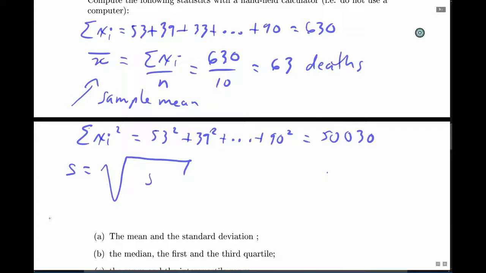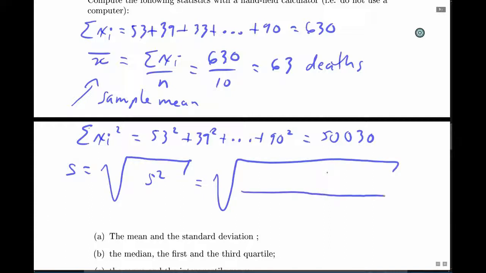And then we'll compute the sample standard deviation, which we'll denote as S. This will be the square root of the sample variance, which is S squared, and there's a shortcut formula to compute the sample variance. We take the sum of squares, and away from that we take away the sum of all the values, squared, divided by n, and then we divide this difference by n minus 1.